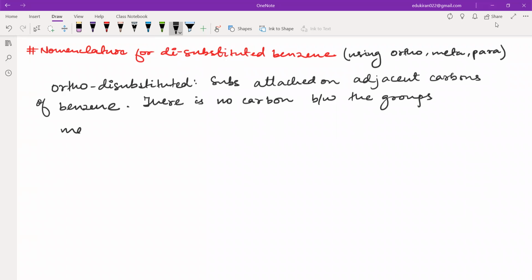When you have meta disubstituted, one carbon between groups.